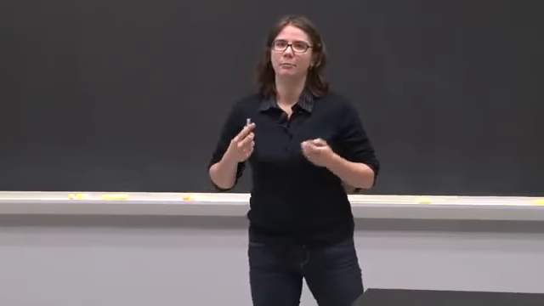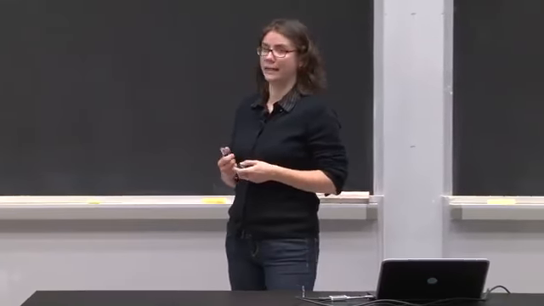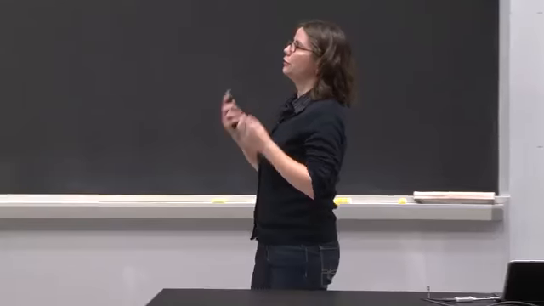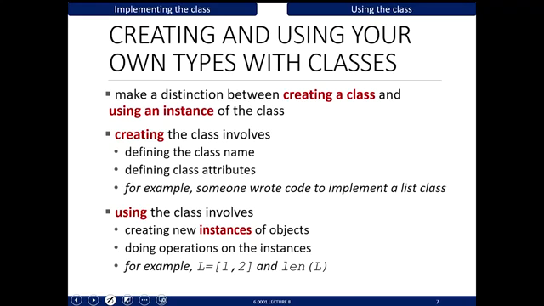So when you're thinking about implementing your own data type, you do that with something called a class. When you create a class, you're going to figure out what name you want to give your class, and you're going to define some attributes.